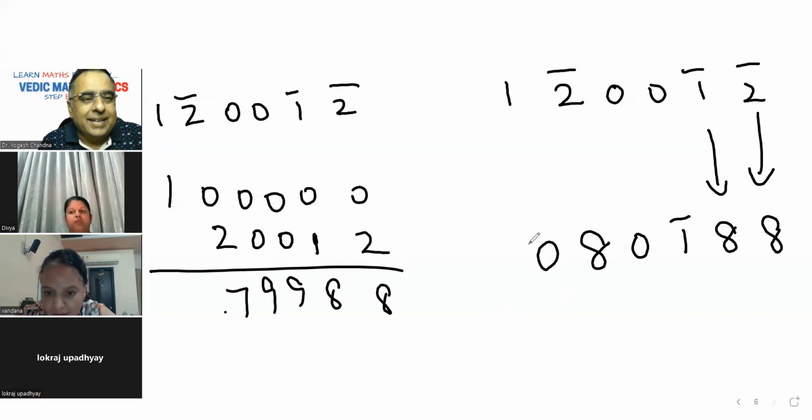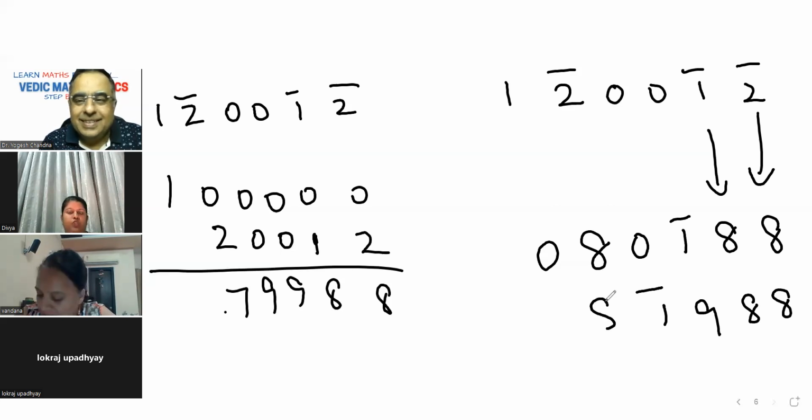Up till here it is correct. This 8, 8, 9, 9, 1 bar, 9 bar, bar. Then bar. 8, 8, sure, 7. 7 sir, yes sir, 7. 7 or 8.